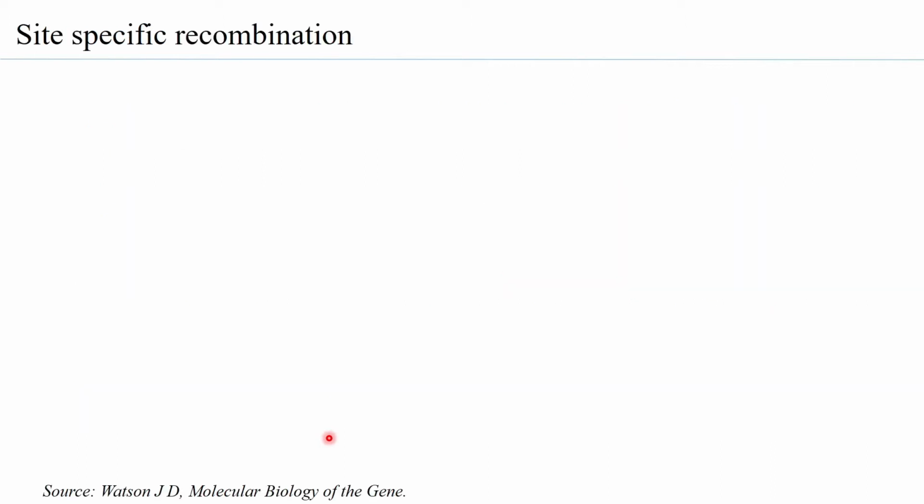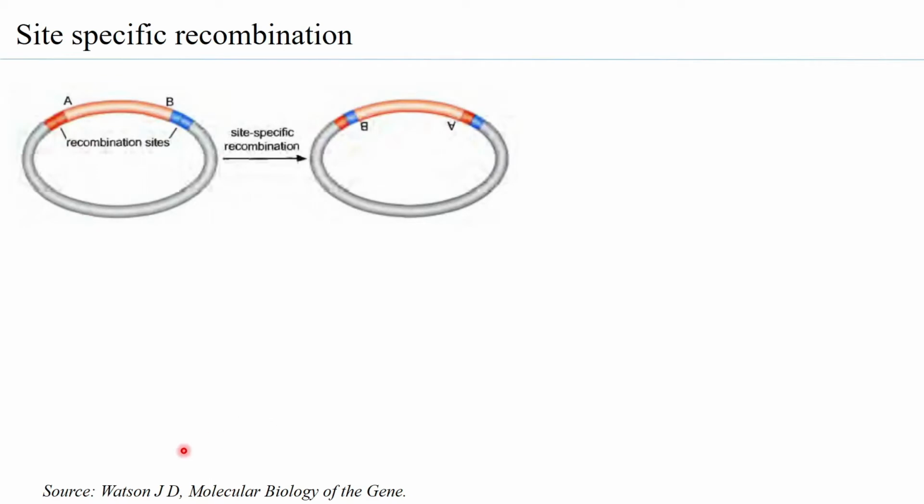Now, let us first understand the consequence of site-specific recombination. Say, for example, you have a circular DNA and the circular DNA has recombination sites. Using these recombination sites, the recombinases can carry out gene rearrangement in such a way that this portion, which is going to be rearranged, is inverted.